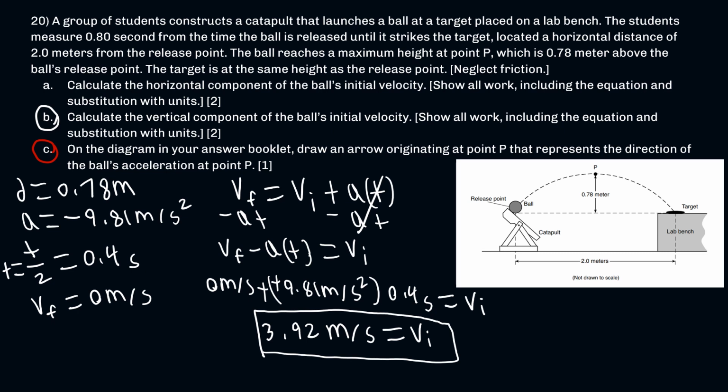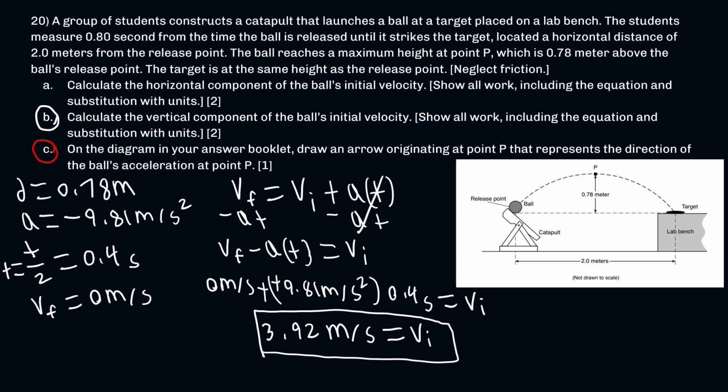In part A, the horizontal component of my acceleration is 0 meters per second squared. So there's no acceleration in the horizontal, so there's no vector for that. There's only going to be an arrow for my acceleration in the y direction. That is a negative acceleration, so it's going to be straight down.